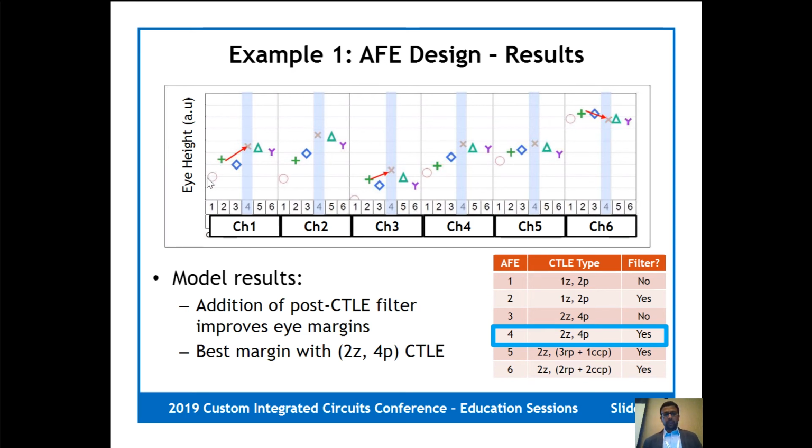For example, we can see there's a consistent trend that we get a significant benefit by adding this post-CTLE filter. And we also get a significant benefit by going from a 1-zero 2-pole filter to a 2-zero 4-pole filter consistently across most of the channels. So this is the kind of analysis that the models can enable in order to guide the design of an actual SerDes.